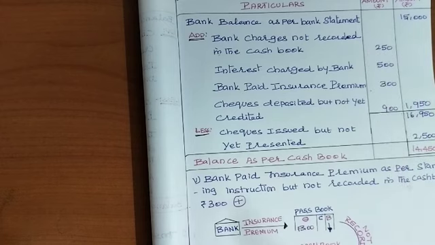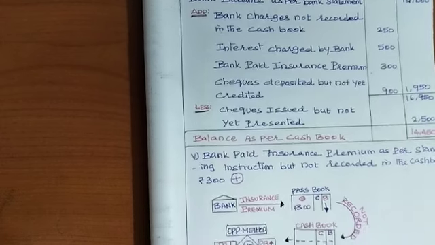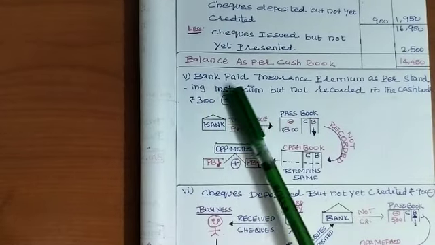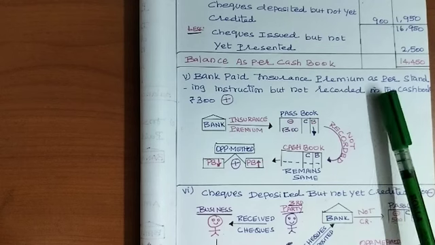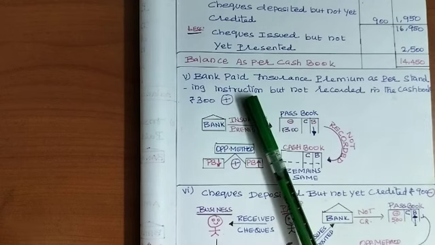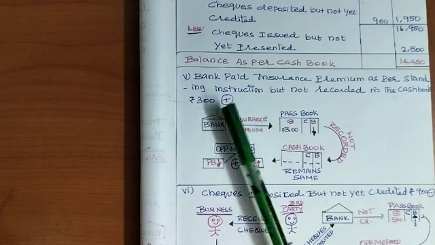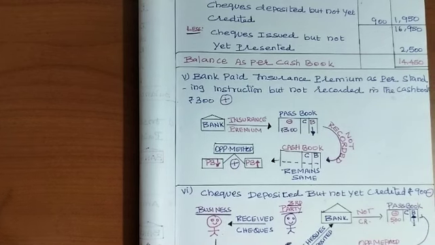We entered it. The next transaction is: bank paid insurance premium as per standing instruction but not recorded in the cash book, 300 rupees. Sometimes the bank may be instructed to make payments such as insurance premium, loan installments, etc., as an agent of the customer on behalf of the customer.